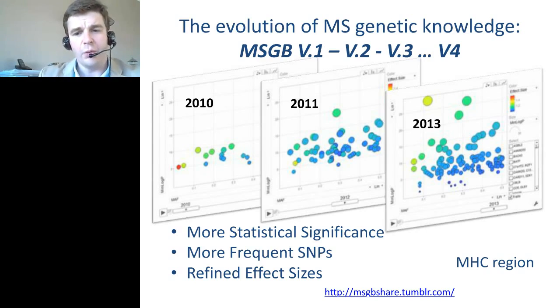But if you start to use these markers to describe an individual risk, you're doing something very different. You're not trying to find a statistical correlation between MS and the presence of a particular marker. What you're trying to do is categorize patients.